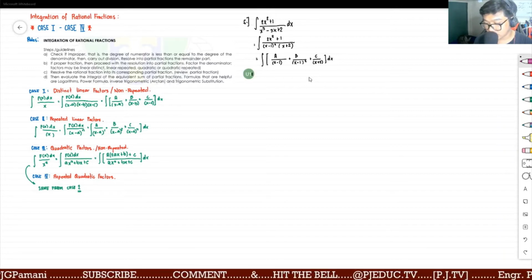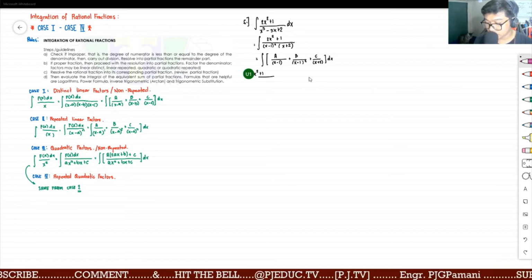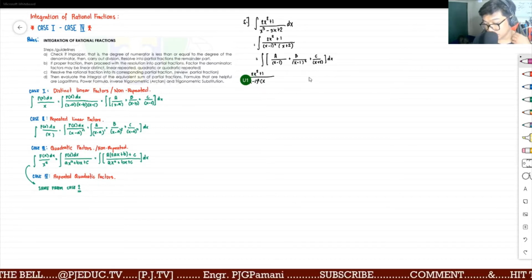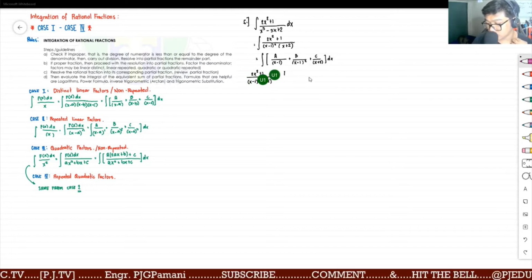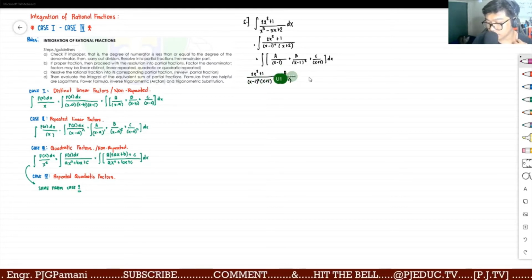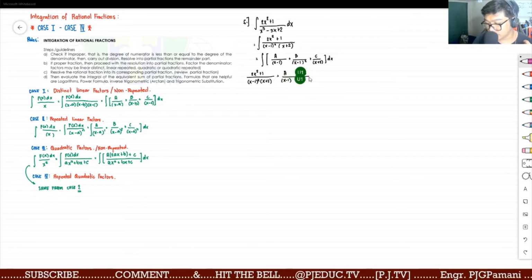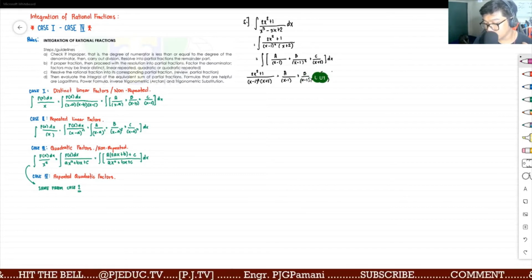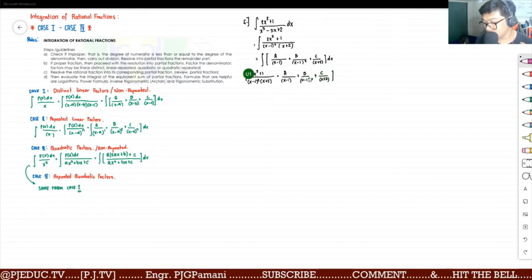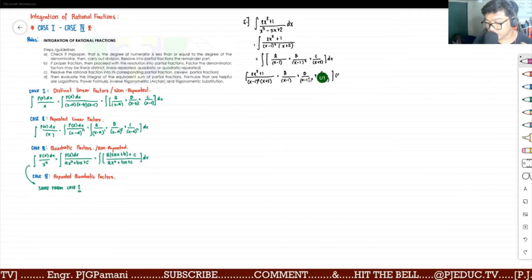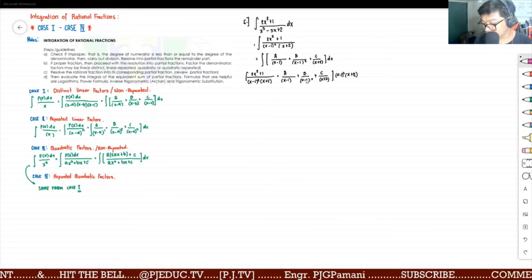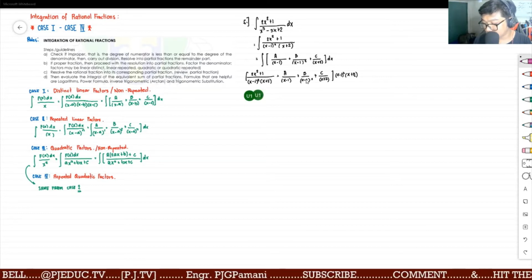Kunin muna natin siya in terms of LCD. x minus 1 squared times x plus 2 equal now to A over x minus 1 plus B over x minus 1 squared plus C over x plus 2. Multiply both sides by x minus 1 squared times x plus 2. Okay? Multiply both sides. Ang matitira na lang sa ating left side is 2x squared plus 1.